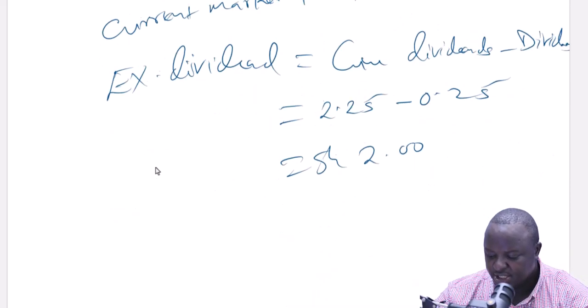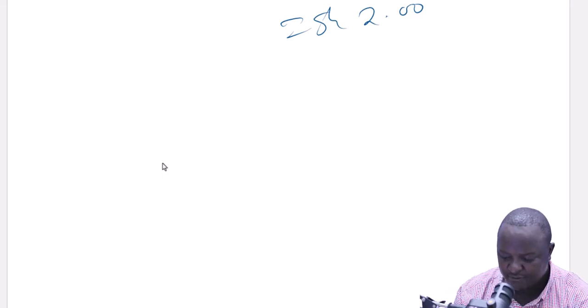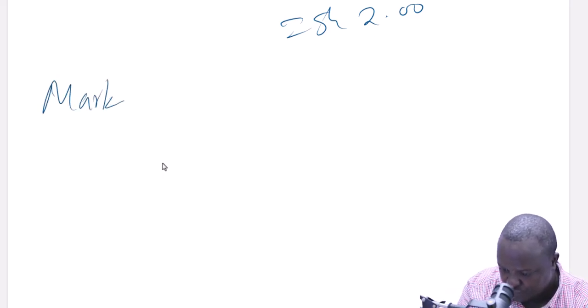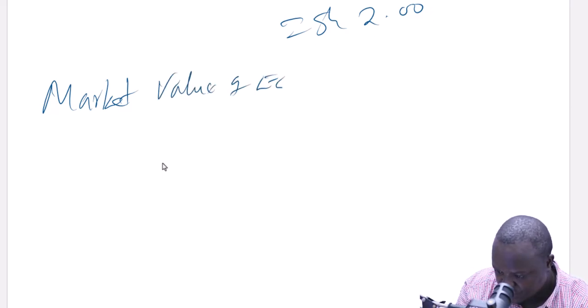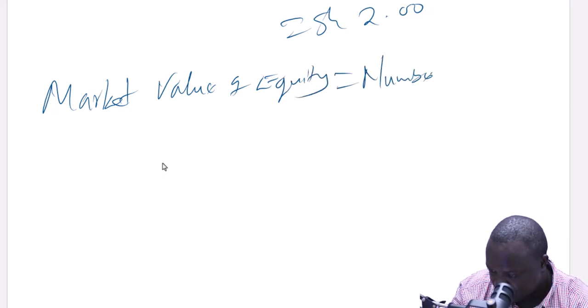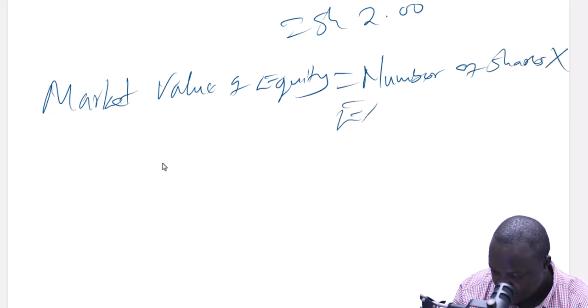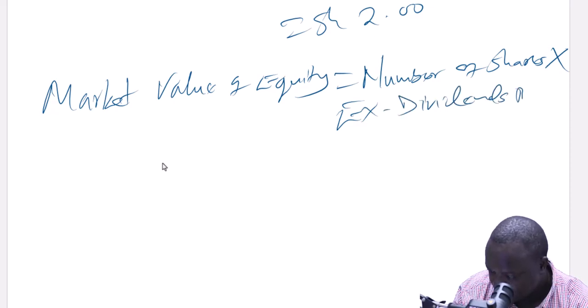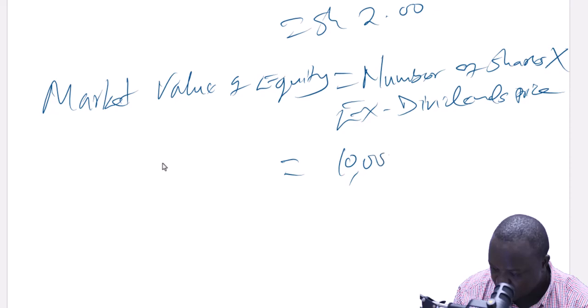So in our calculations, the market value of equity equals number of shares times ex-dividend price, which is the number of shares, 10 million, times the ex-dividend price of 2 shillings.